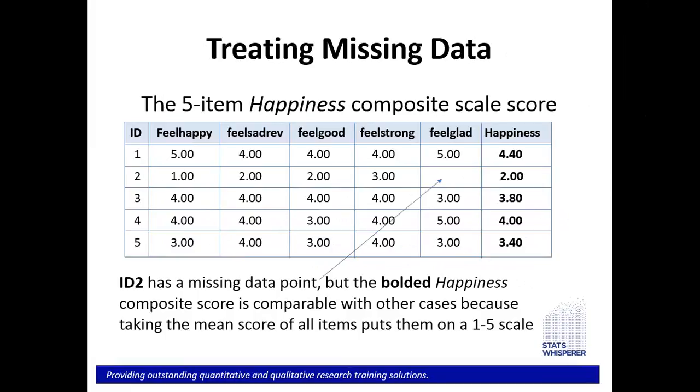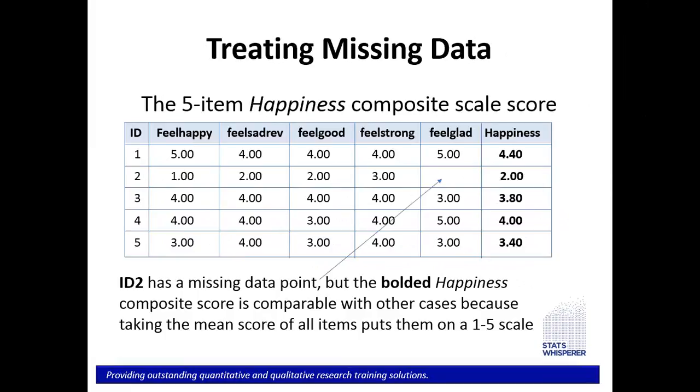Specifically, it would be a trade-off because we would get a final value for the 5-item happiness scale. So for ID2, we're taking the mean score for feel happy through feel strong, the 4 items, which comes out to 2.0. Since you're taking the mean, it's on the same 1 to 5 scale level as the other IDs, so all of them are going to be between 1 and 5.